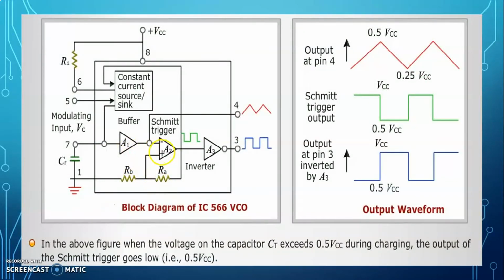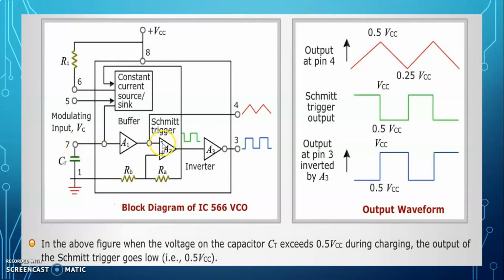Let us discuss the operation of the voltage controlled oscillator. When a control voltage is applied at pin number 5, the constant current source supplies the current to the capacitor. The voltage across the capacitor gradually increases because the capacitor starts charging.